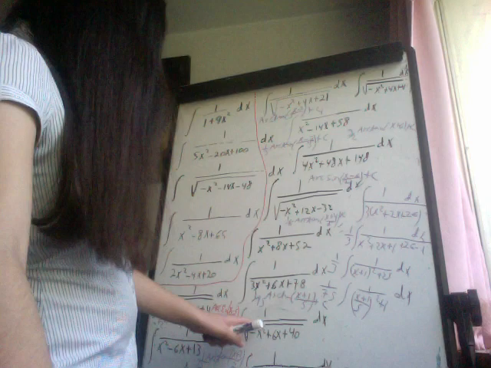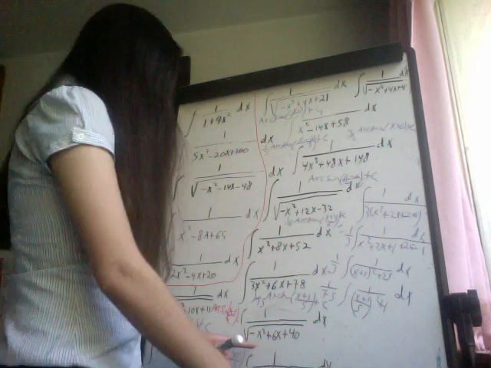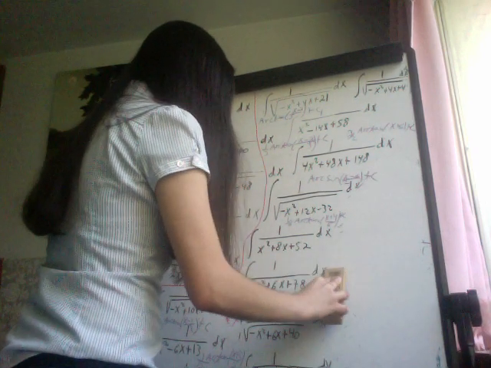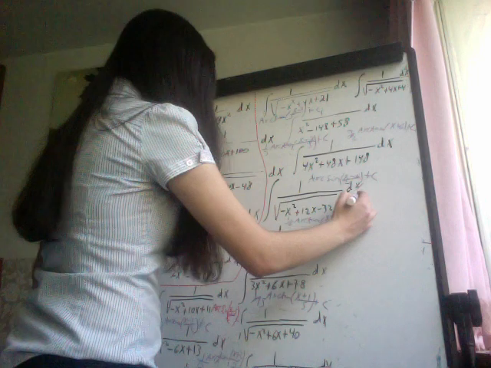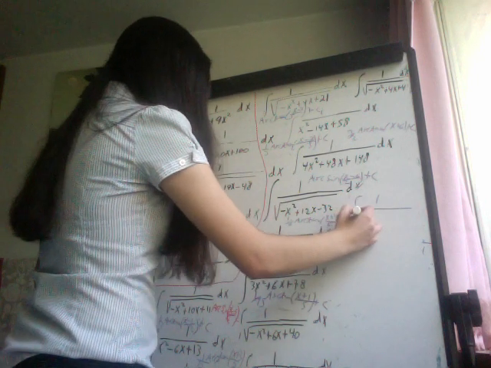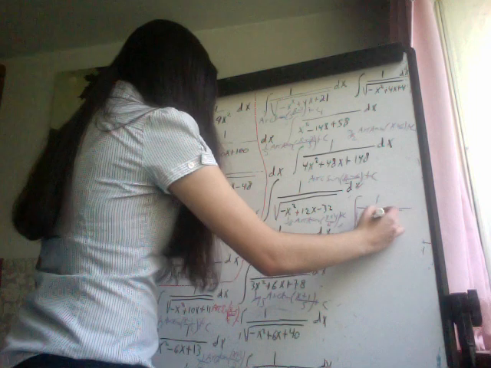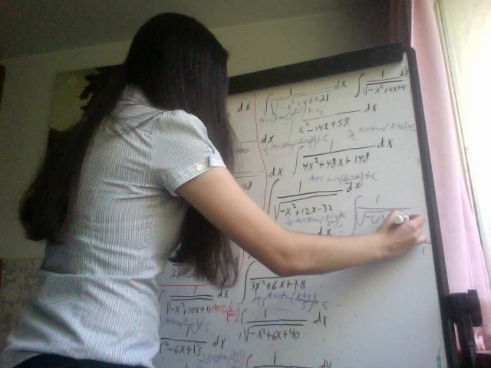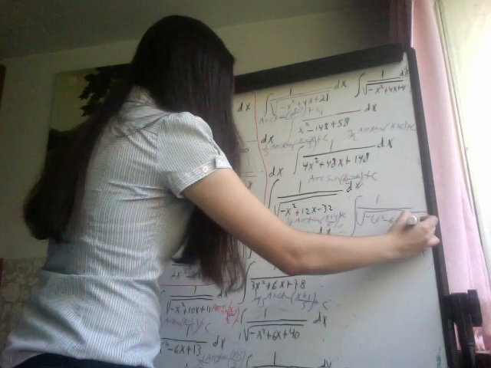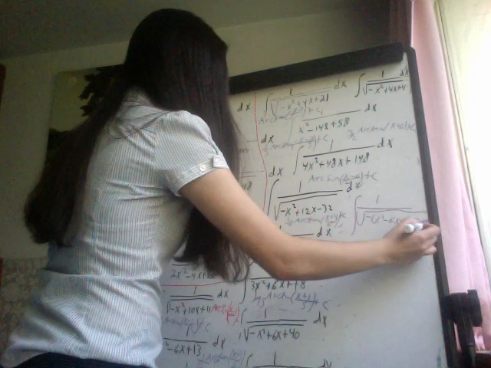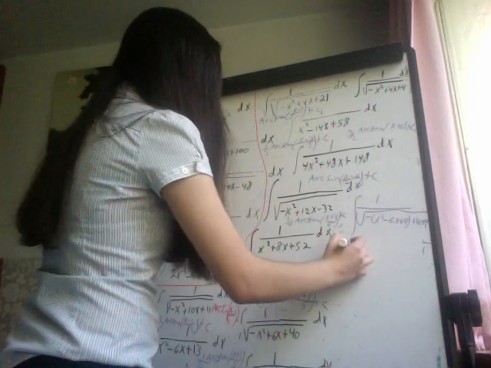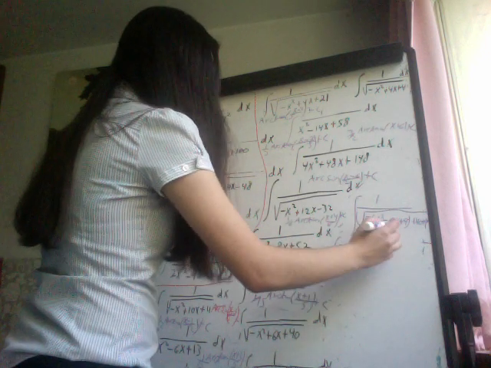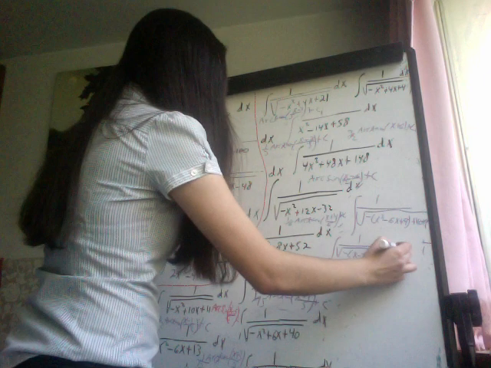Next, 1 over square root of negative x squared plus 6x plus 40. So the integral of 1 over square root of negative x squared minus 6x plus 9 plus 40 plus 9. This would be the integral of 1 over square root of negative (x minus 3) squared plus 49 dx.